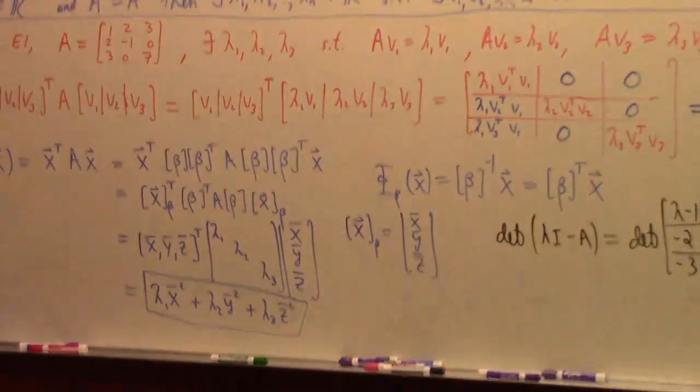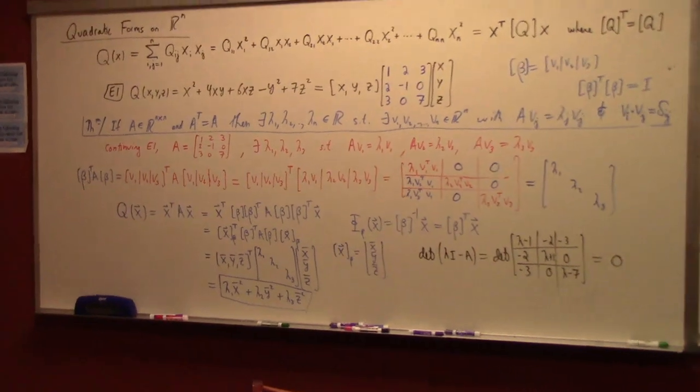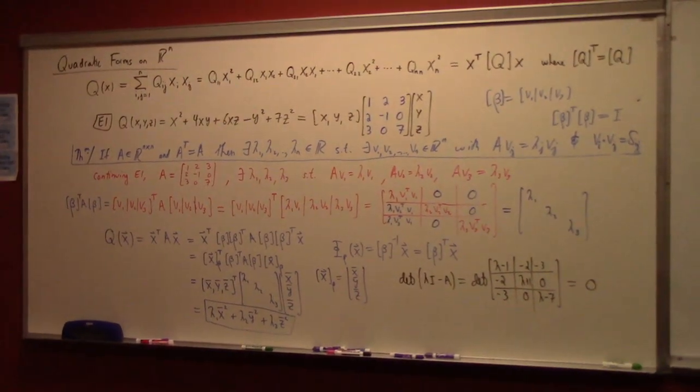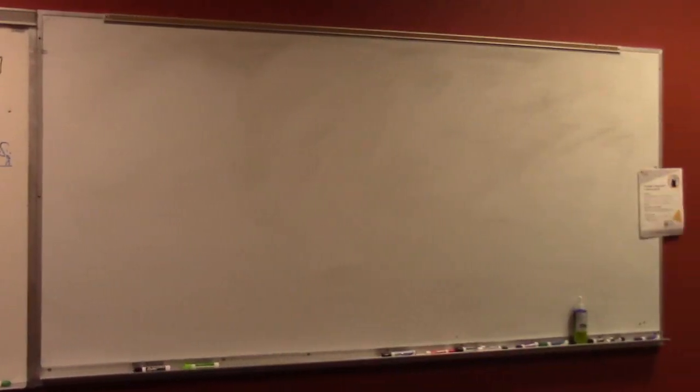Okay? And the thing is, there's nothing especially special about this example, right? This is a general technique, right? The calculation I just did for example 1 pretty much shows you that we can do this in general. Here, watch.